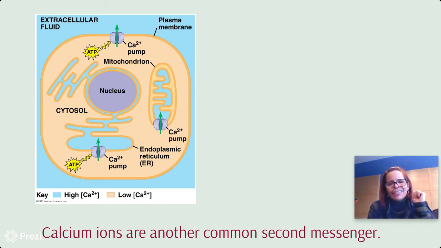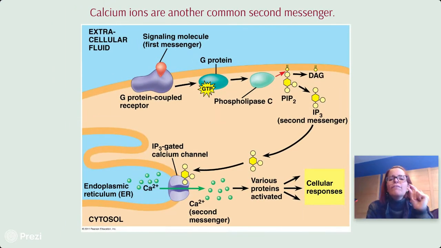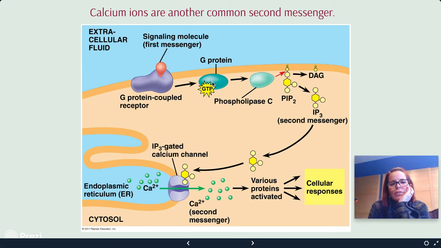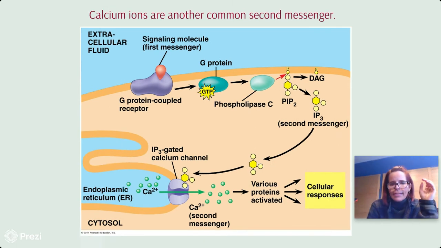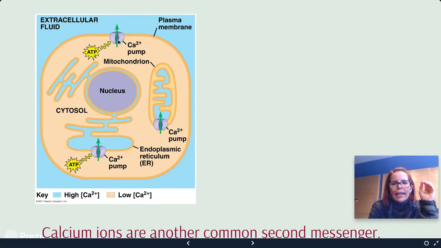How much detail do you need to know about the calcium ions? Very, very little. Just look at the diagram for a second. So here's the GPCR. So it's leading to a change in us. Here's a second messenger. And then this second messenger opens up a gate that allows tons of calcium to flow through. And these gates, I'm going to back up for a second, are found in numerous locations within the cell.